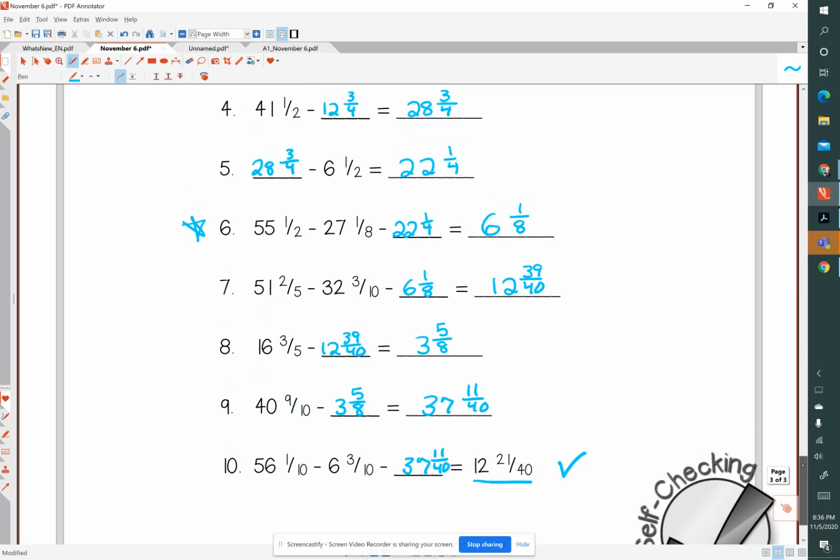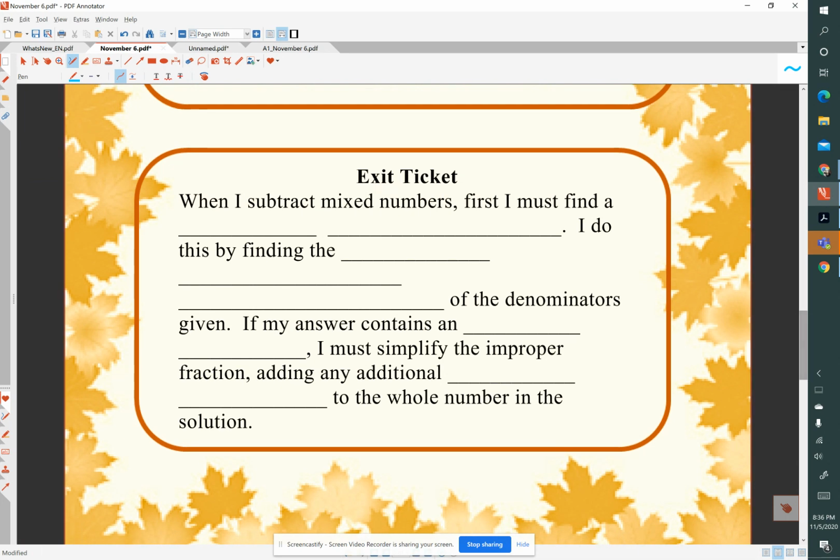I want you to go back to the do now. When I subtract mixed numbers, first I must find a common denominator. I do this by finding the least common multiple of the denominators given.